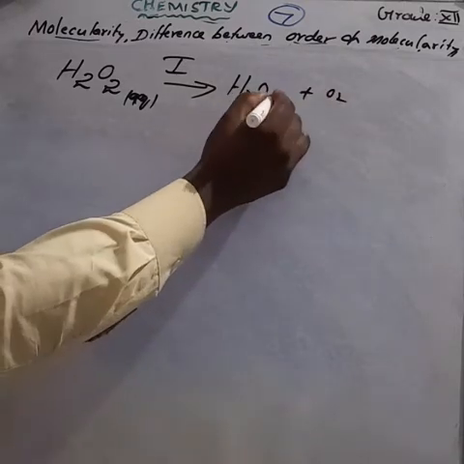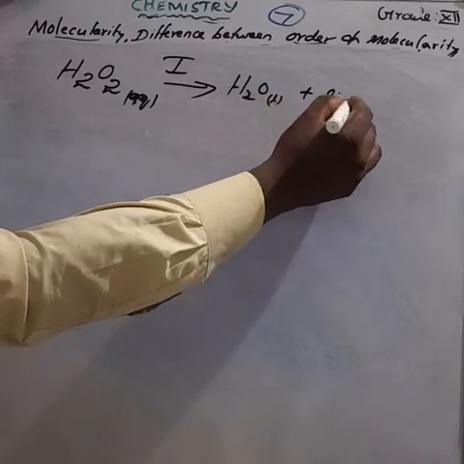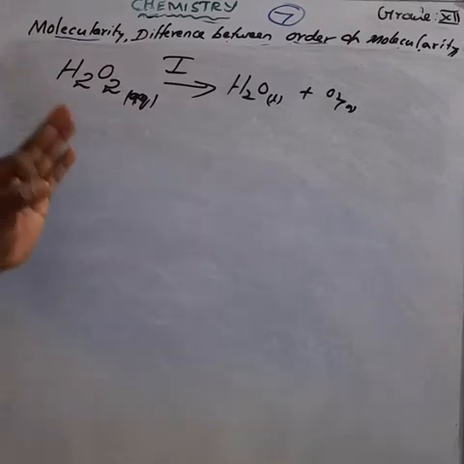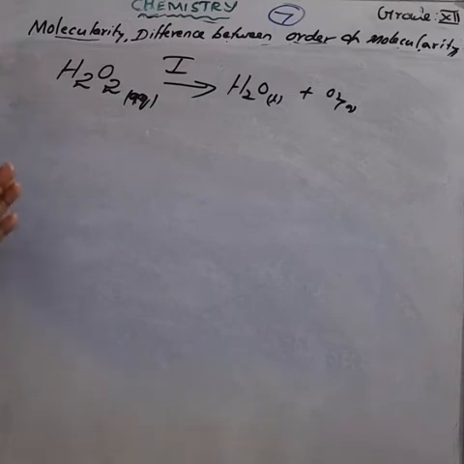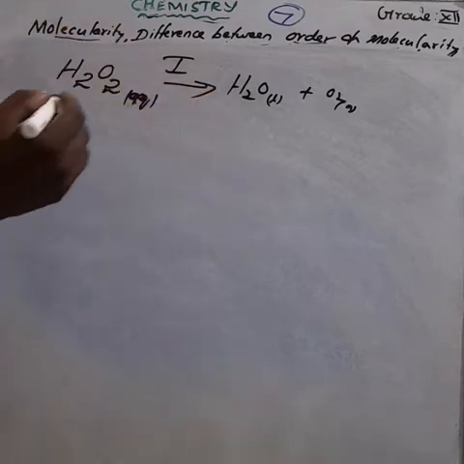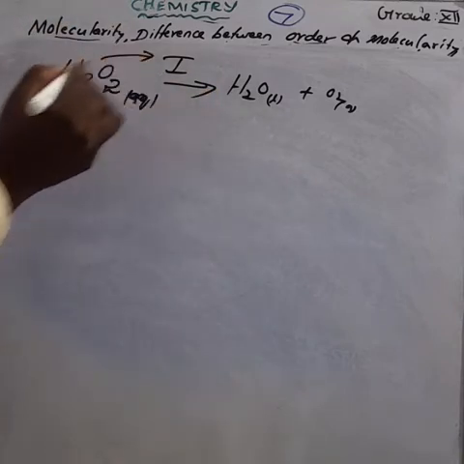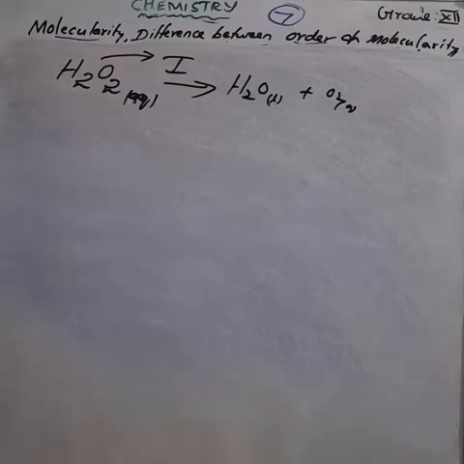Actually, this is not a single step reaction. It is a two-step reaction. We can write the mechanism of the reaction. First, the hydrogen peroxide reacts with the iodide. When we write the overall reaction, only then can we understand. We can write the equation.